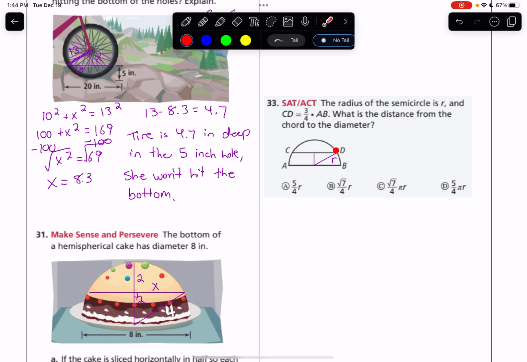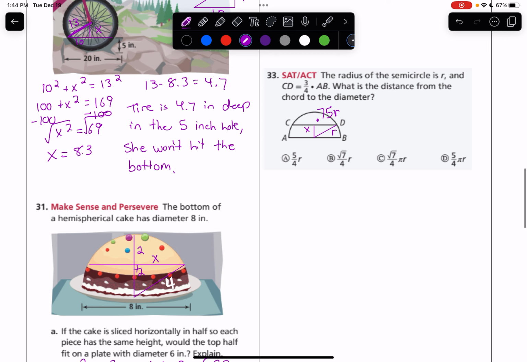So from the center to D is 0.75 times the radius. The same way, the entire CD is 0.75 times the diameter AD. I can use those two pieces and then an X for the distance from the chord to the diameter and use a Pythagorean theorem. So 0.75 R squared plus X squared equals the entire radius R squared.